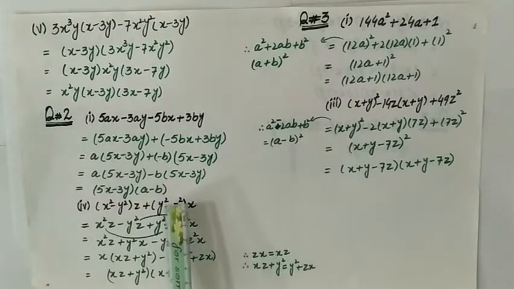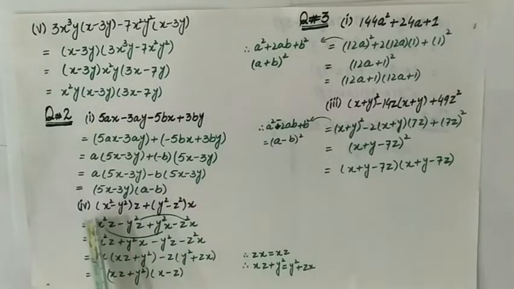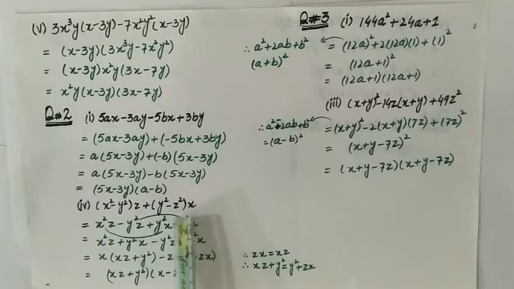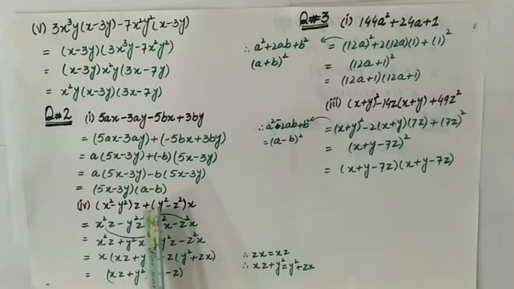Now we will discuss the fourth part of question number 2. The fourth part of question number 2 is (x square minus y square) into z plus (y square minus z square) into x. First we multiply this (x square minus y square) with z.